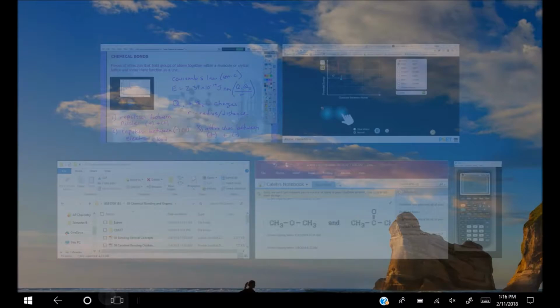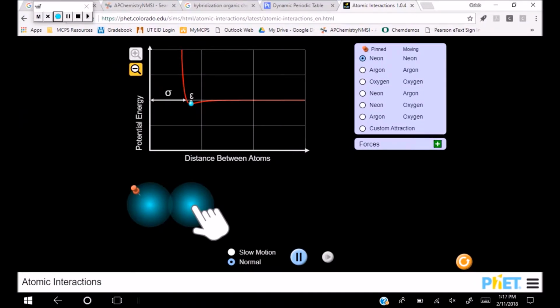So when we go back to that simulation and we look at this graph, it makes sense. As I click and drag this, you see it starts to move. There's attraction there, but the minute they get too close, they repel too much and they move away from each other. You'll see that the closer they get, there's this kind of optimal distance.